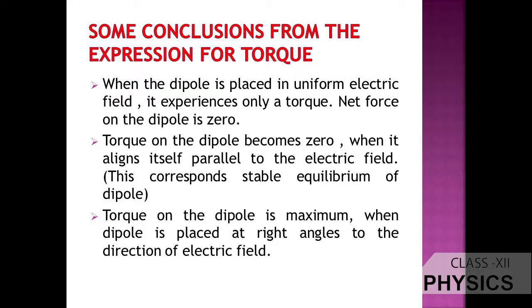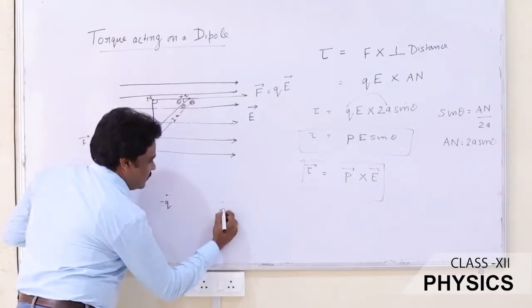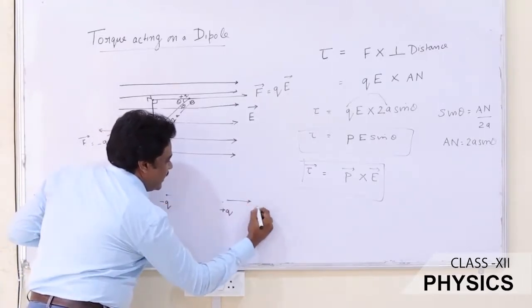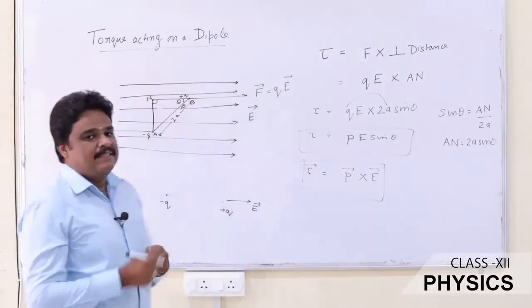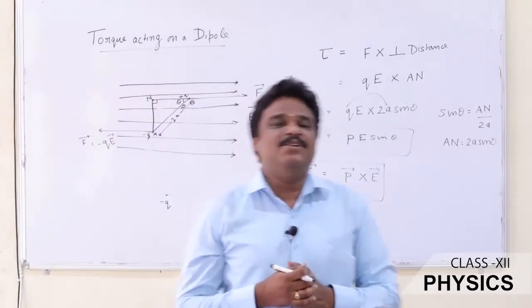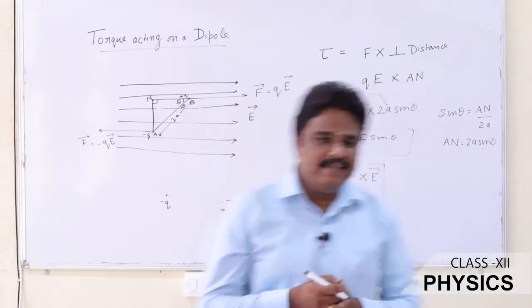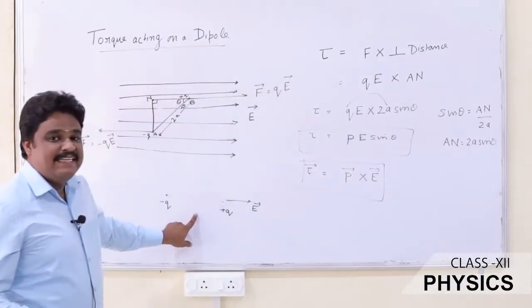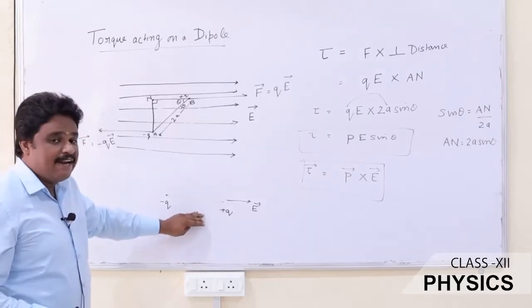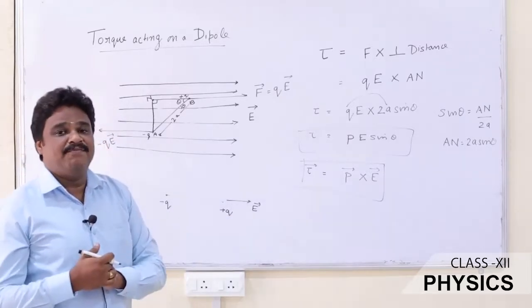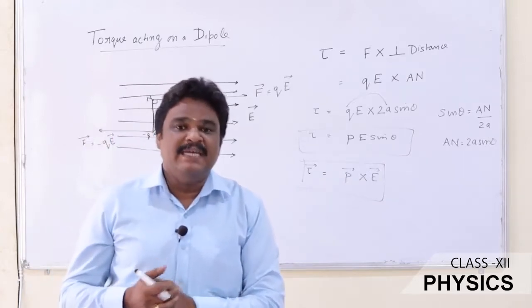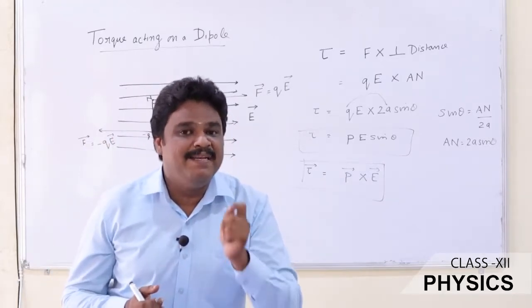Second, what about the value of torque? When is the value of torque minimum? If the dipole is aligned along the direction of the electric field, this orientation leads to 0 torque. That represents minimum torque, and that is also the condition for stable equilibrium.